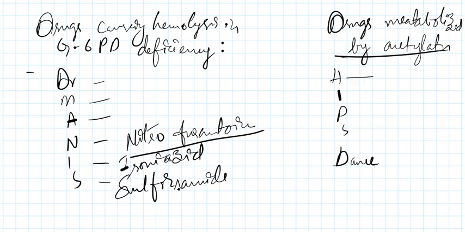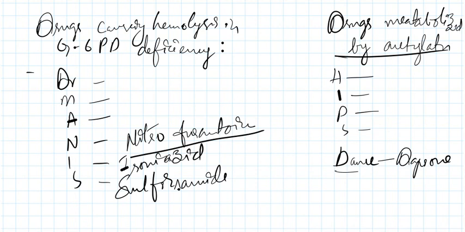H for hydralazine, I for isoniazid, P for procainamide, S for sulfonamide, and D for dapsone. Remember, dapsone. So drugs which are metabolized by acetylation, you can remember with the mnemonic HIPS D. H for hydralazine, I for isoniazid, P for procainamide, S for sulfonamide, and D for dapsone.